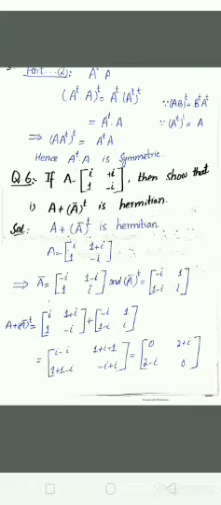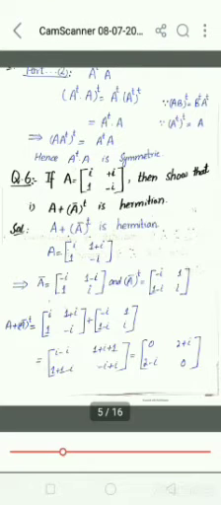So we apply the conjugate on the whole matrix and we get: conjugate of iota is minus iota, conjugate of 1 plus iota is 1 minus iota, conjugate of 1 is 1 because this is a real number with no iota in it, and conjugate of minus iota is iota.